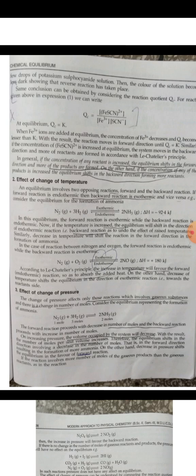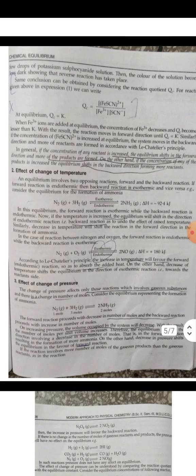And if temperature is decreased, then according to Le Chatelier principle, equilibrium will shift in the direction in which the heat of the system increases, and this will occur in the forward direction. We can also take the example of other reactions in which one of the reactions is exothermic and the other is endothermic. So this is the effect of change of temperature on the equilibrium state.